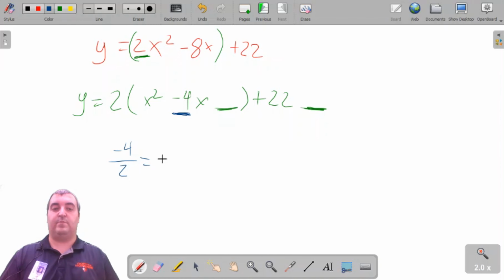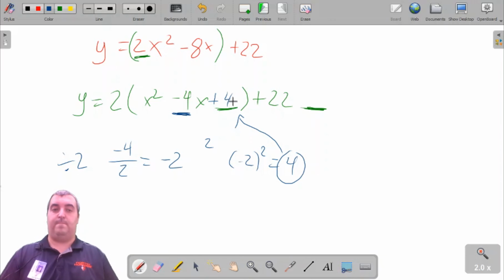So negative 4 divided by 2 is negative 2. So you always divide by 2. And then you're going to square it. So we're going to do negative 2 squared, which equals 4. This number is the number that goes right here. Okay, so I'm going to say plus 4.